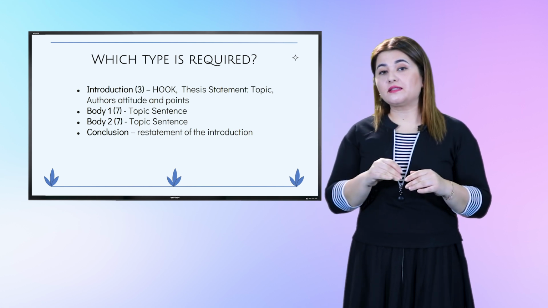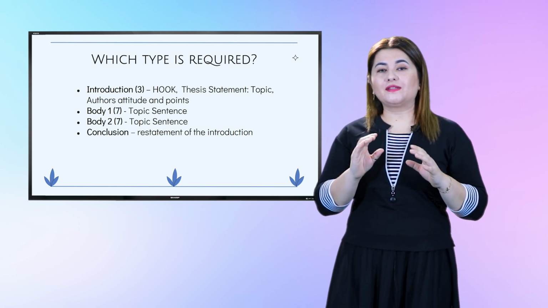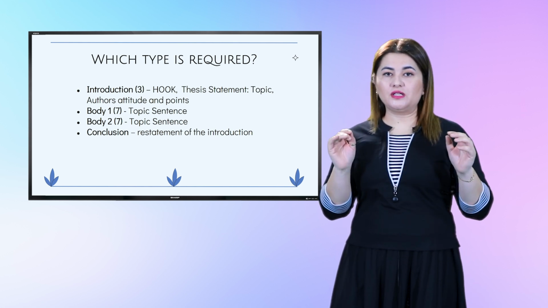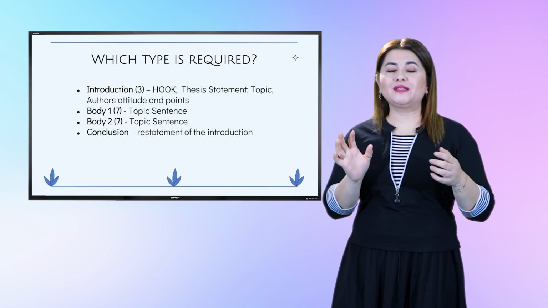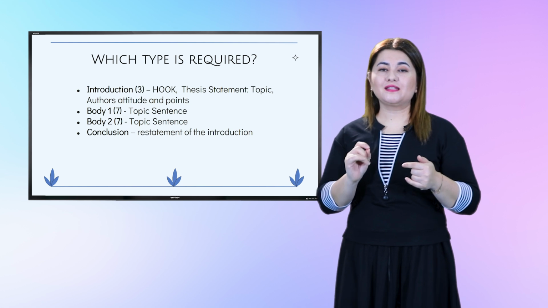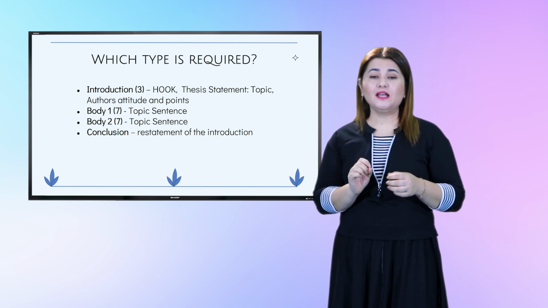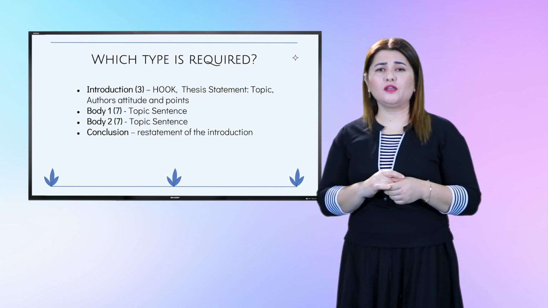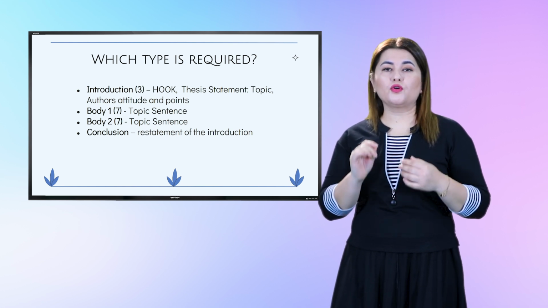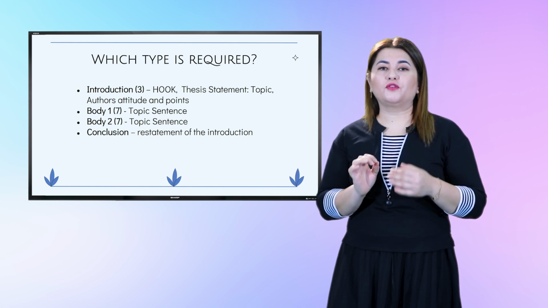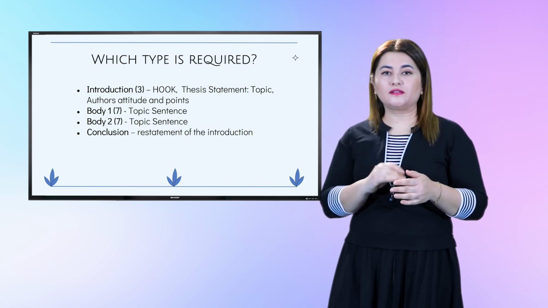The next sentence, which comes at the end of the introduction or at the very beginning, you can state anywhere. It doesn't matter, but you have to have it. It's the thesis statement. The thesis statement is a very important sentence in the introduction. Moreover, it's very important for you to construct the whole essay.